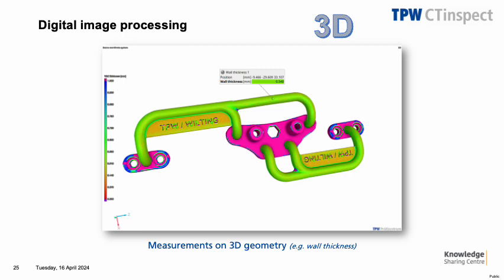Besides looking at the virtual slice images, the 3D volume can also be used to measure geometrical features of the part, both internally and externally. A common application for this is shown here, wall thickness analysis. The color mapping on the part represents variations of wall thickness over the 3D part geometry.